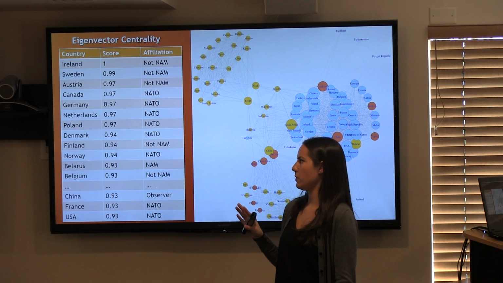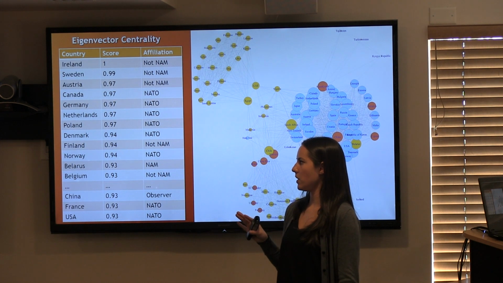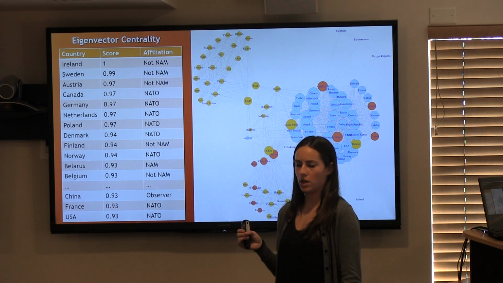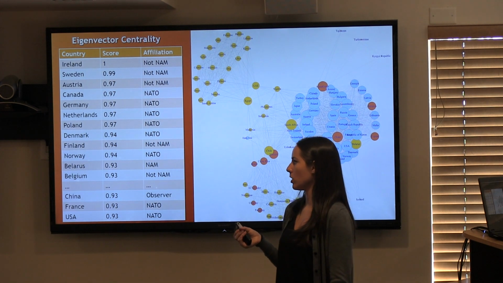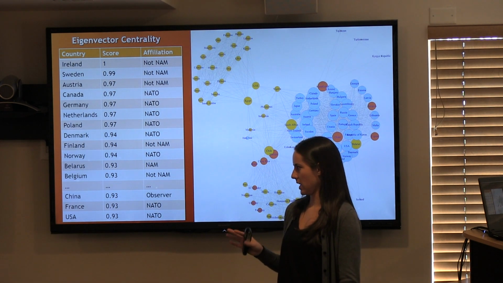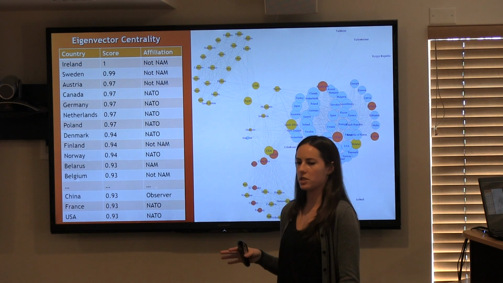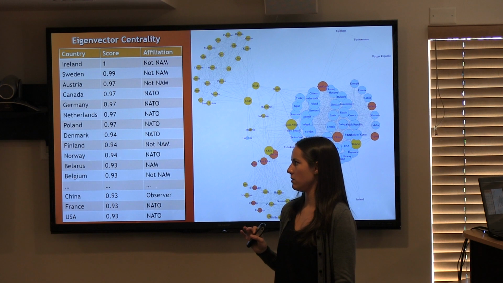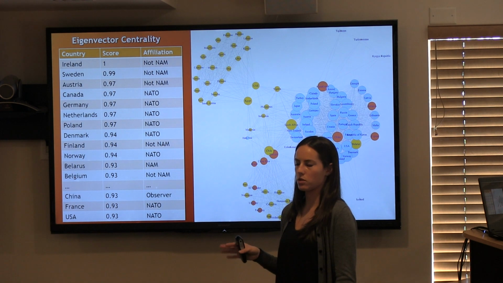What we see through this visualization is that a lot of the countries which are not part of the non-aligned movement, which are highlighted in blue, have the highest level of indirect influence in the network. And if I didn't say it before, pink, or that kind of salmon color, is representative of observers of the non-aligned movement, and yellow is representative of non-aligned movement members.